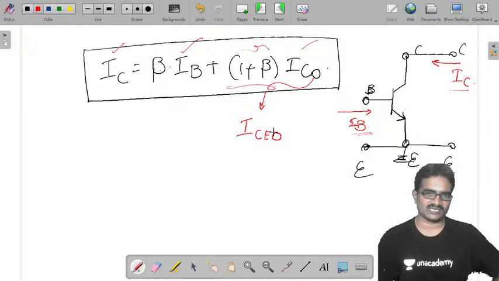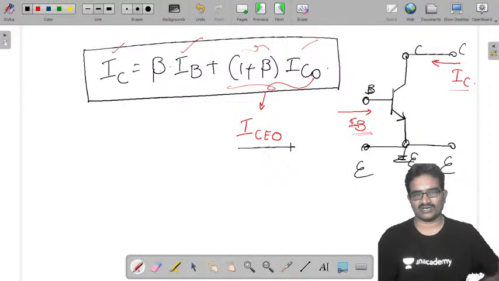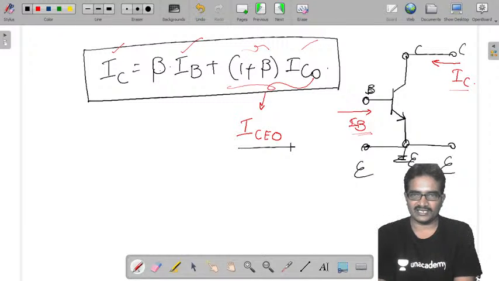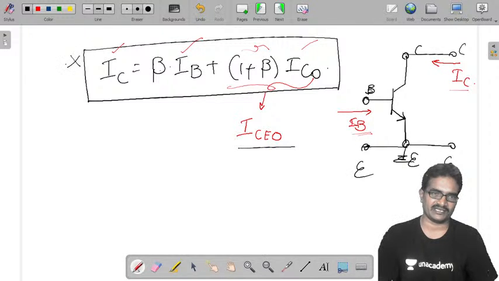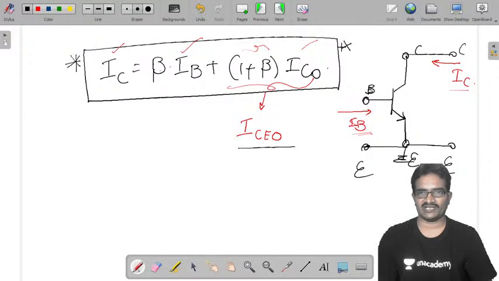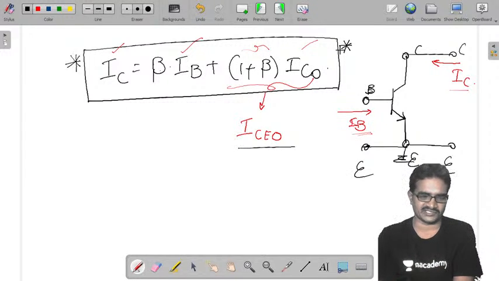Later, these are the two special currents we have, ICEO and ICBO. Later we discuss in detail about that. Leakage current in common emitter configuration is ICEO, that is ICEO value is 1 plus beta times ICO. Anyway, this is our final standard equation. This equation is very, very important to bias your transistor. Completely we are depending on these equations.